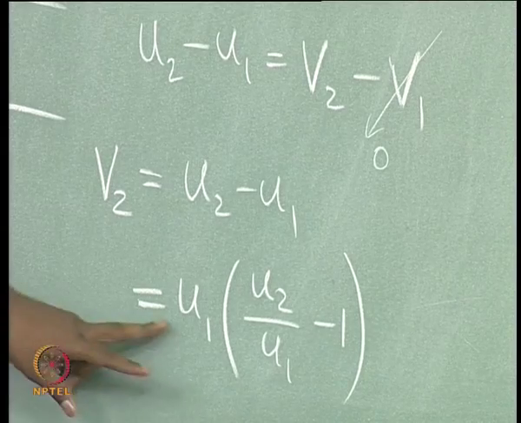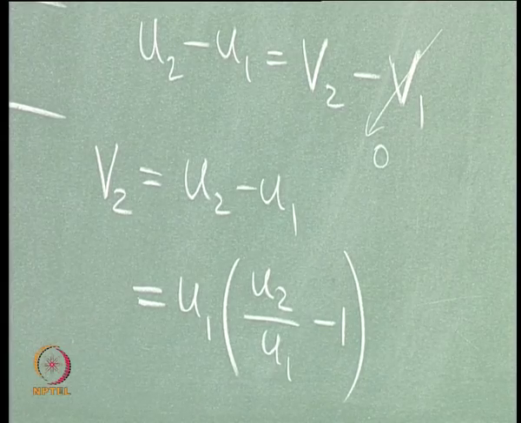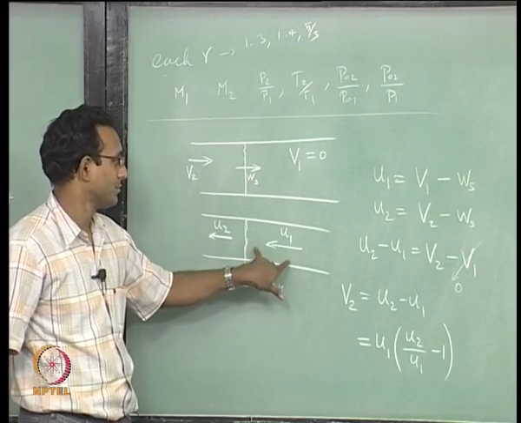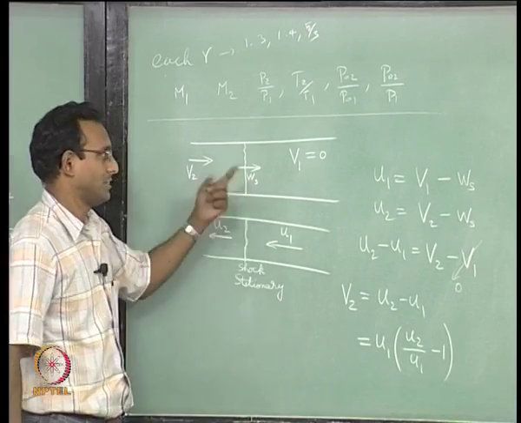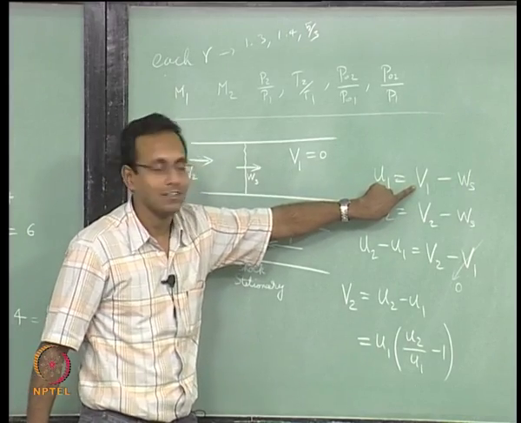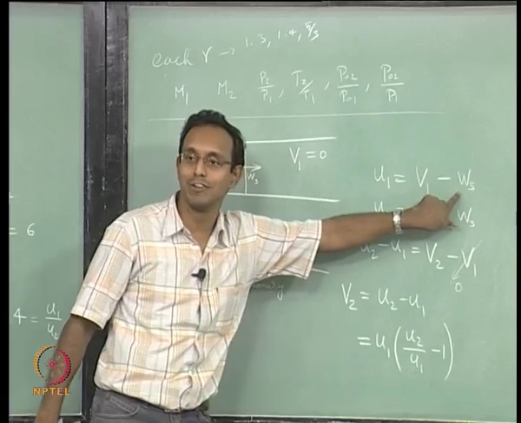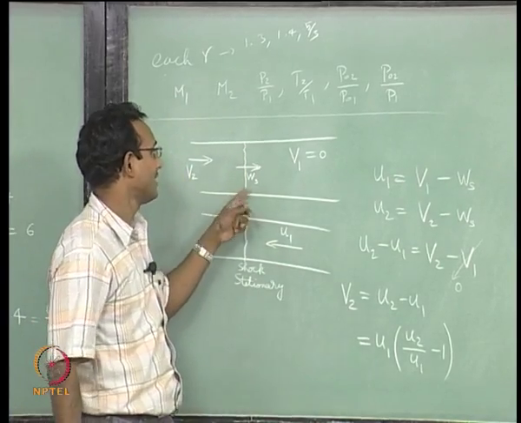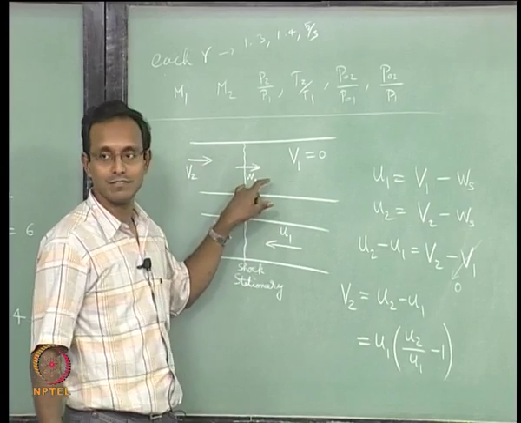Now, I want to find the value of u1, what will it be? From here I am shifting to here. Simple thing, I can just go to math and say v1 was set to be 0, then I will get u1 as minus Ws, minus is important here. Or I can say this is stationary, this is moving.